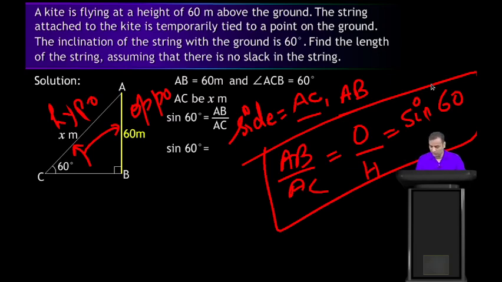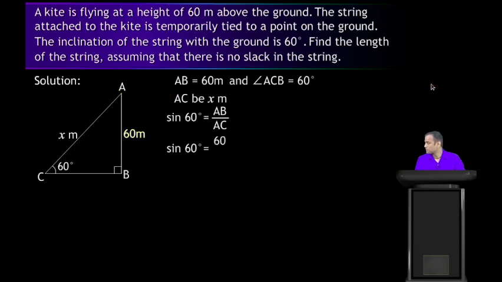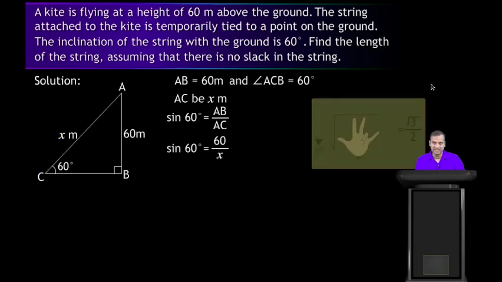Now we can put the values here. AB is given, 60, upon AC, which is x. Now we will put the value of sine 60 degree. Can anyone tell me the value of sine 60 degree?